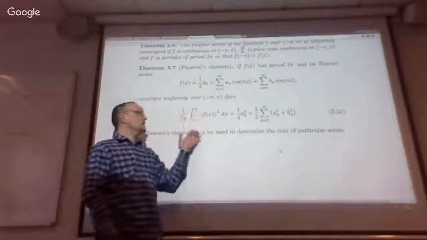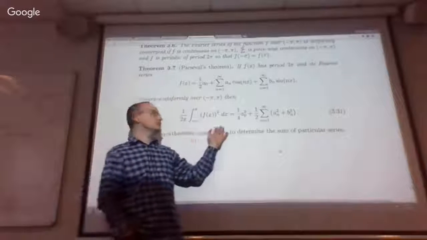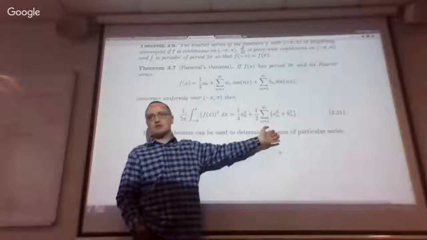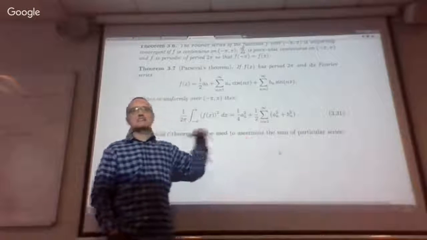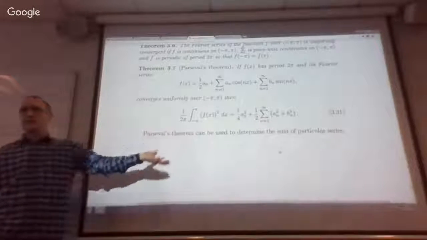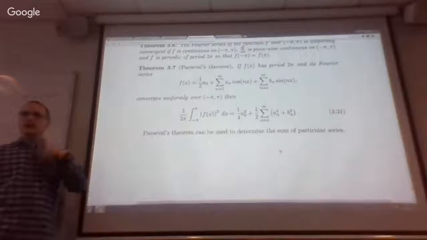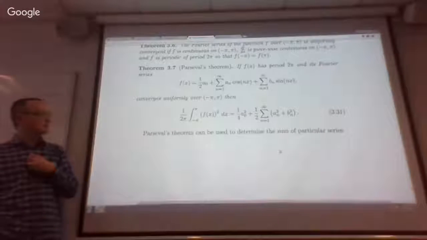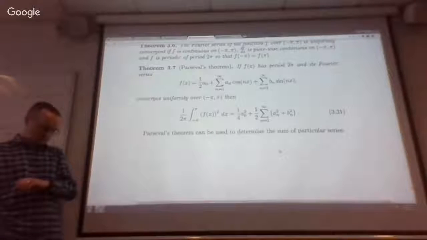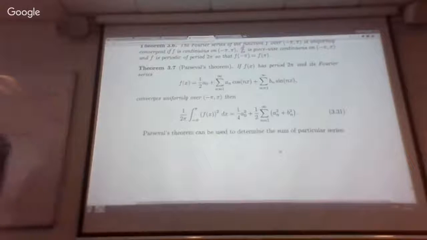But this is basically the dot product of the vector with itself equal to the sum of the squares of the coefficients from the linear combination, except expressed in the correct way in the setting of the vector space of these functions and their Fourier series. And if we know the Fourier series of a function, then Parseval's theorem can often give us some quite interesting consequences.